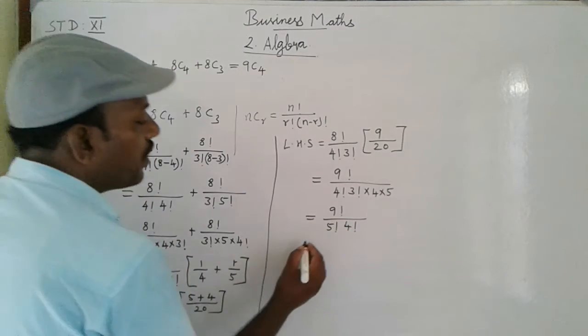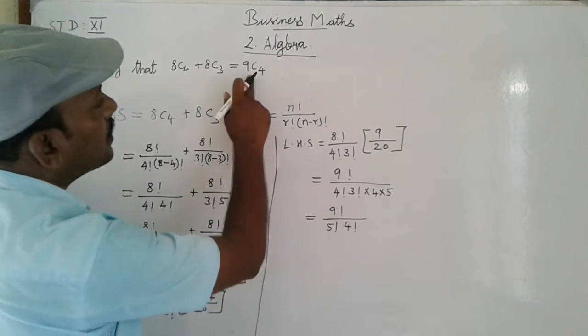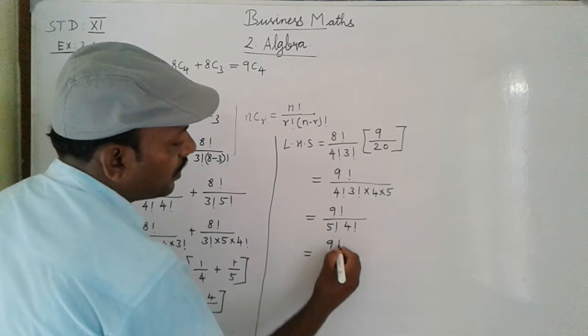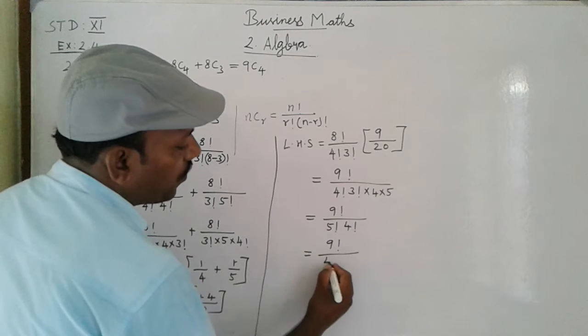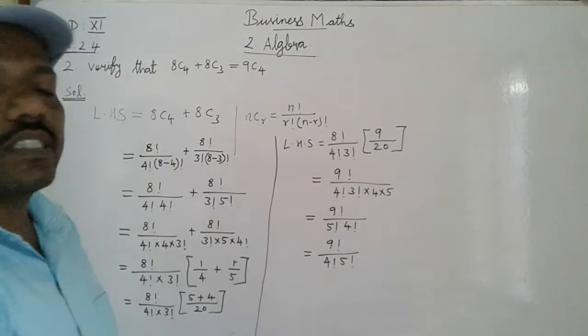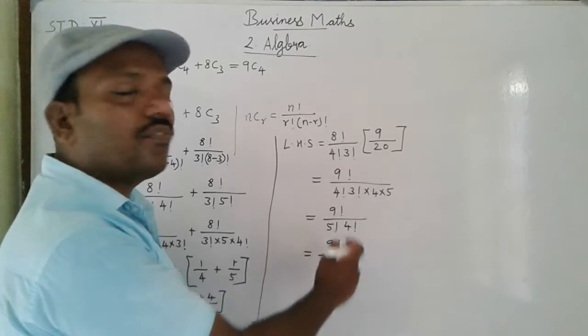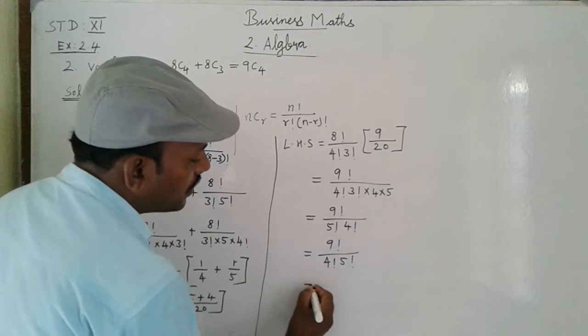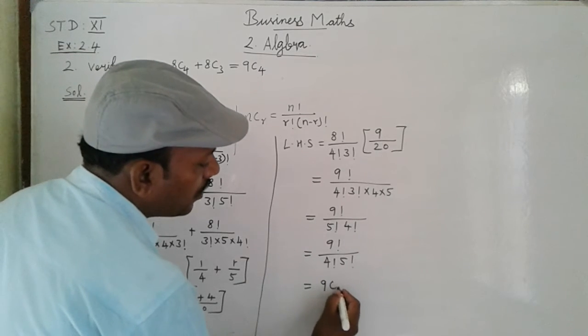It is a formula; we should make a 9c4 form. 9 factorial divided by 4 factorial into 5 factorial. We should arrange first 4 factorial, next 5 factorial. We should write it up. Next 9c4. This is 9c4. Why?